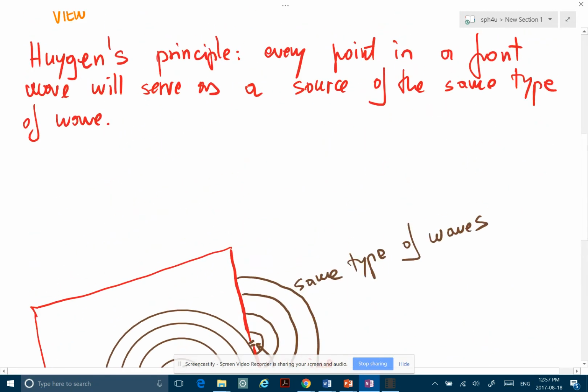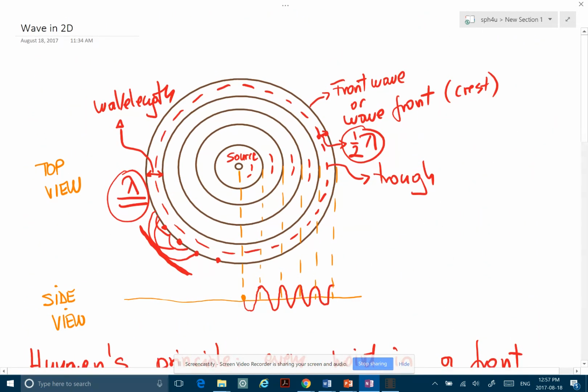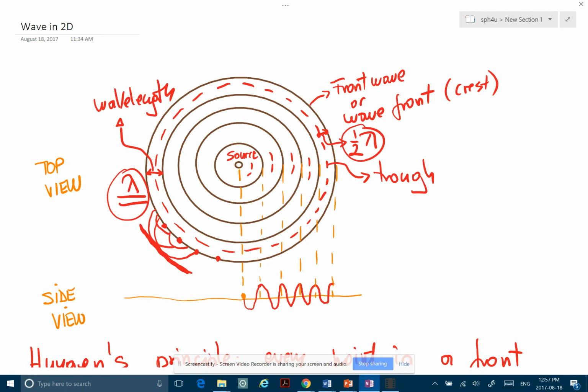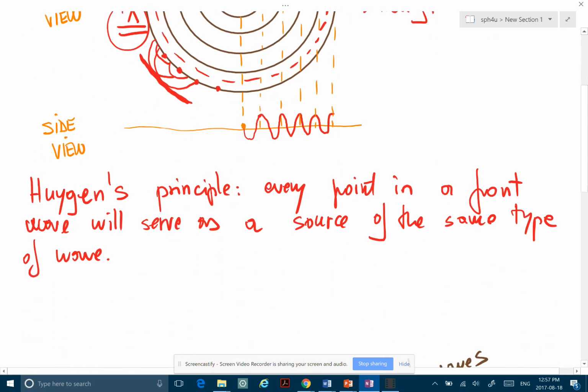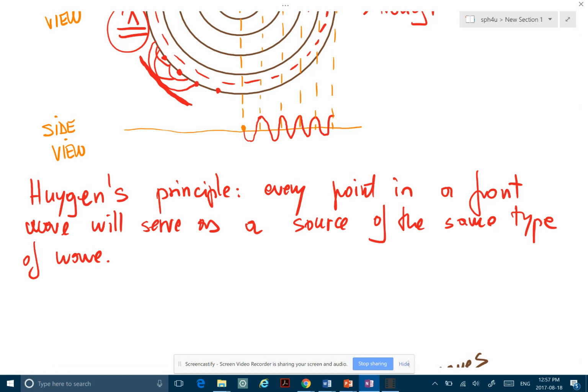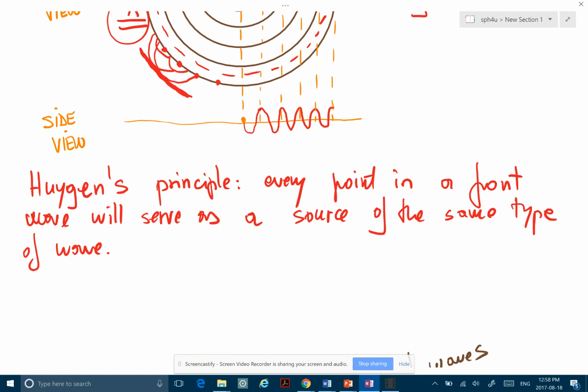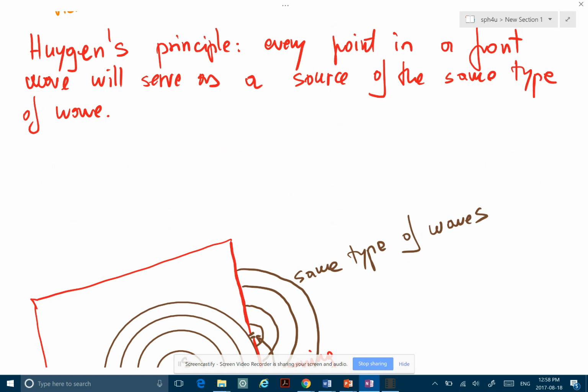So again, what we talked about was what a wave looks like in 2D, a wave motion, front waves or wavefronts, what is the distance between them, what is between them, the trough. Huygens principle says that every point in a front wave will serve as a source of the same type of wave, that is for sound, water, you name it.